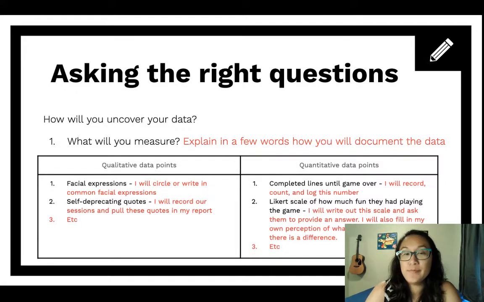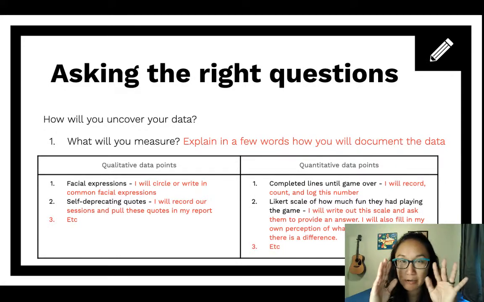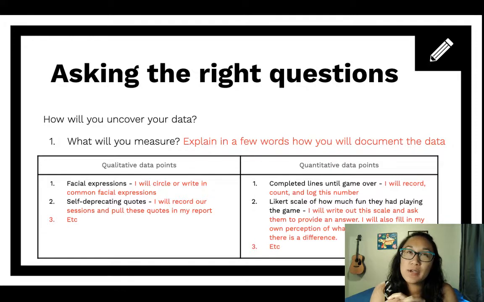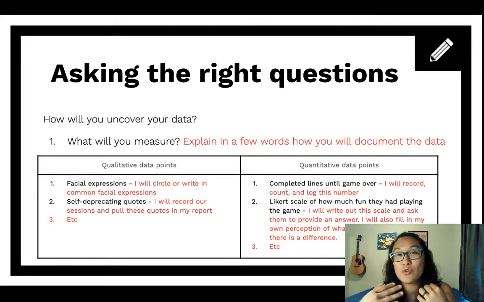From there, you'll take the information that you have for quantitative data and qualitative data and explain how you can document this information. So again, in order for this information to be useful and helpful to us, we need to be able to find the information through your interview sessions or through a gameplay session. So here I want you to walk through how you will be able to uncover and document that data.